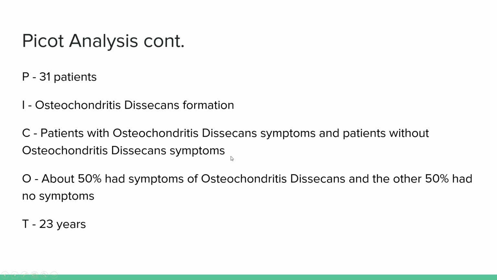So my analysis: 31 patients over osteochondritis dissecans formation. The control group was basically patients with osteochondritis dissecans symptoms and patients without symptoms. It's split 50-50. 50% had osteochondritis dissecans and the other 50% had no symptoms. The time span was over 23 years.